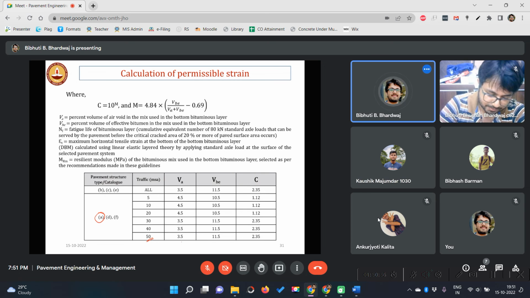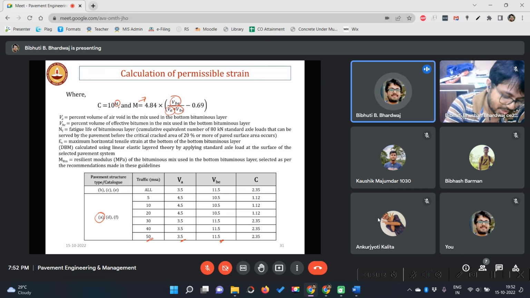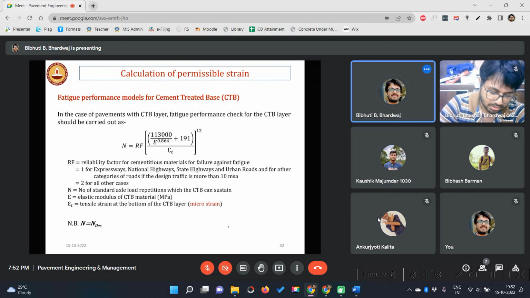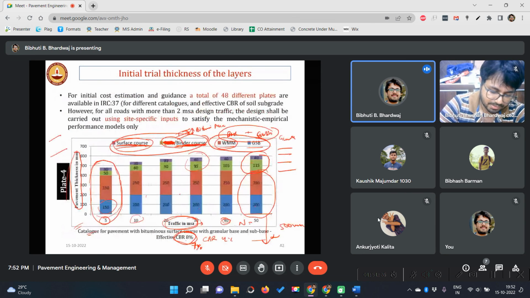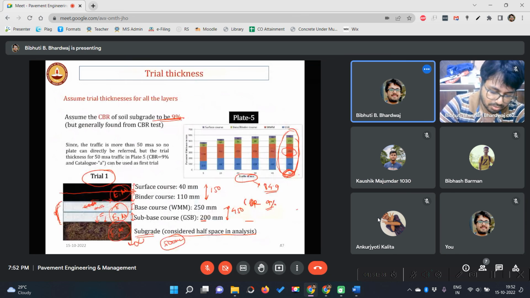So for 50, you can say your VA is 3.5, VB is 11.5. So you can put those values here and you can calculate M. After calculating M, you can simply put the value of M here and you can get C. So C will come out as 2.35. It's already given in code. So C is 2.35 that you will directly get from code.